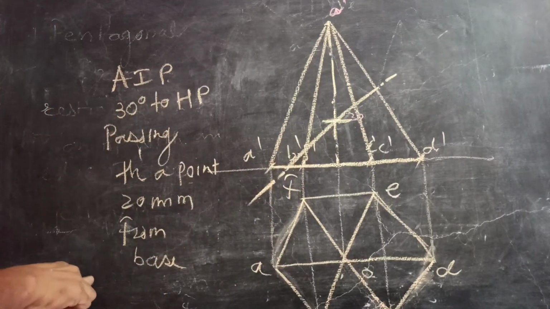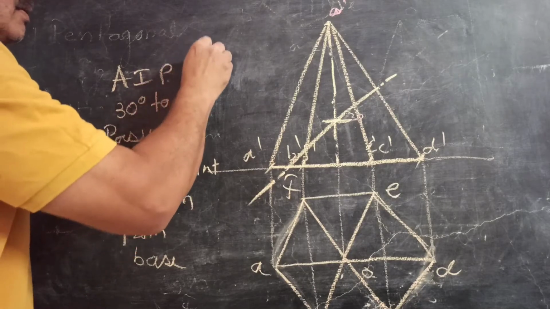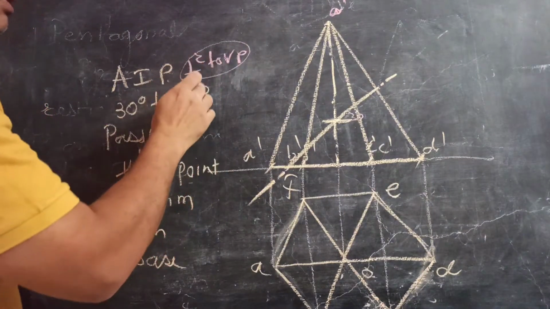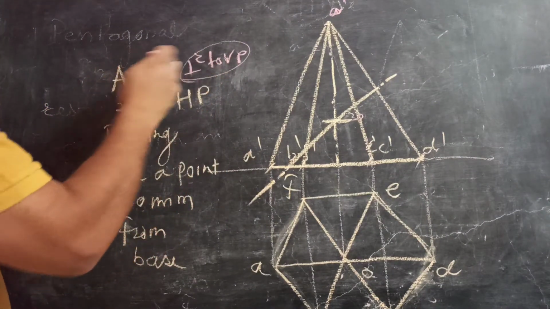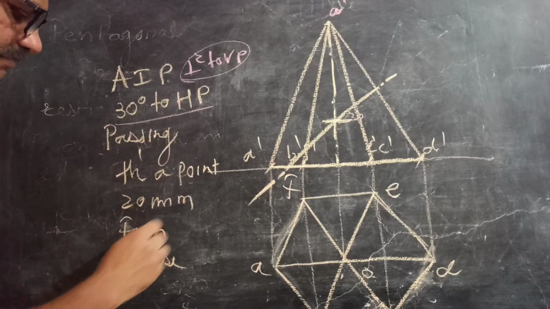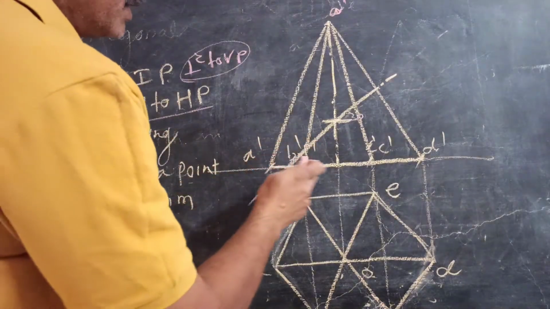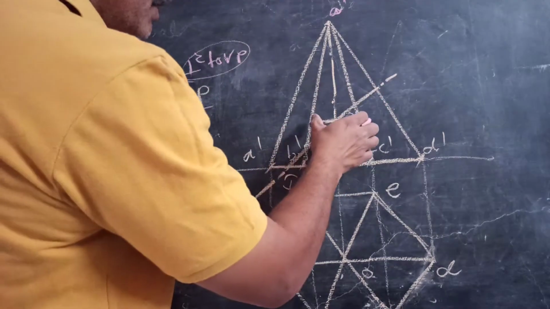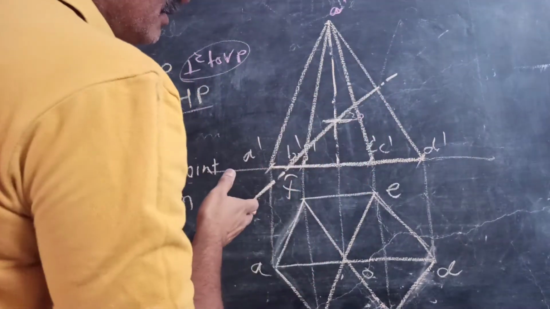AIP means perpendicular to VP. It can be given as perpendicular to VP in the problem, or it can be given as AIP. Both are the same: 30 degrees inclined to HP and passing through a point 20 mm from the base. So 20 mm from the base, you can mark this point, keep your protractor here and draw a line 30 degrees inclined.